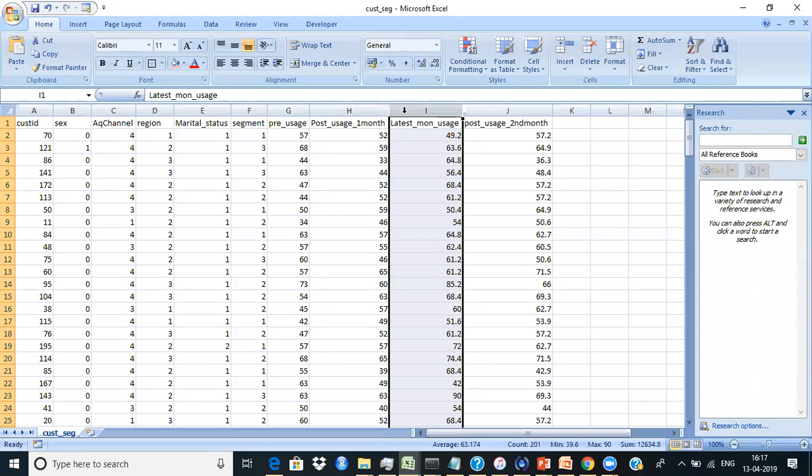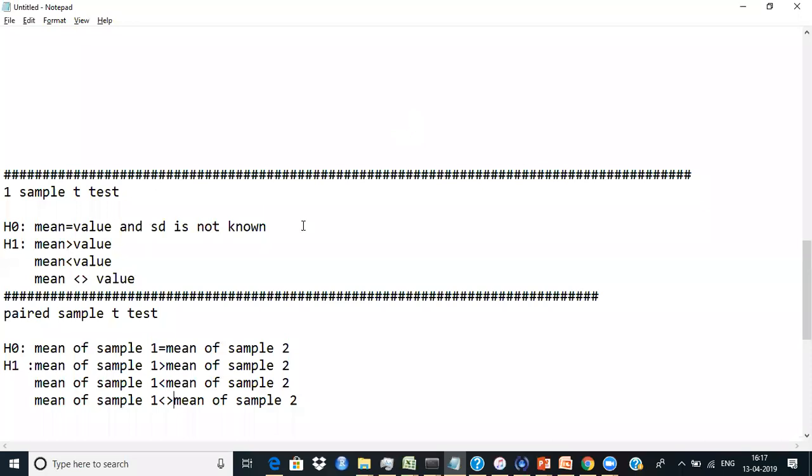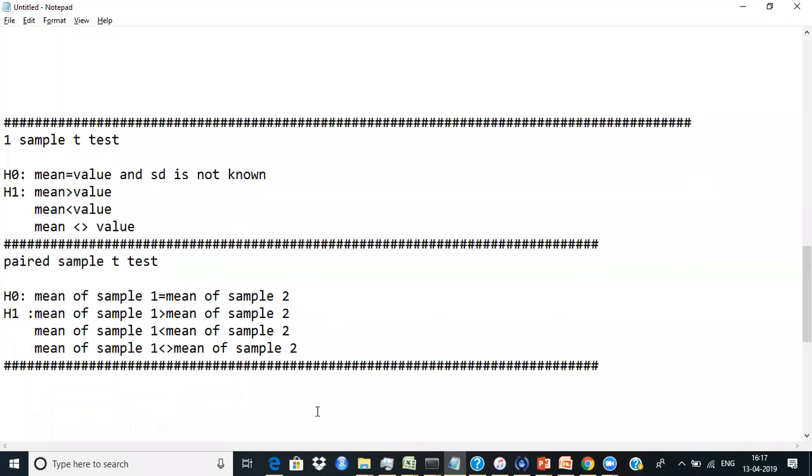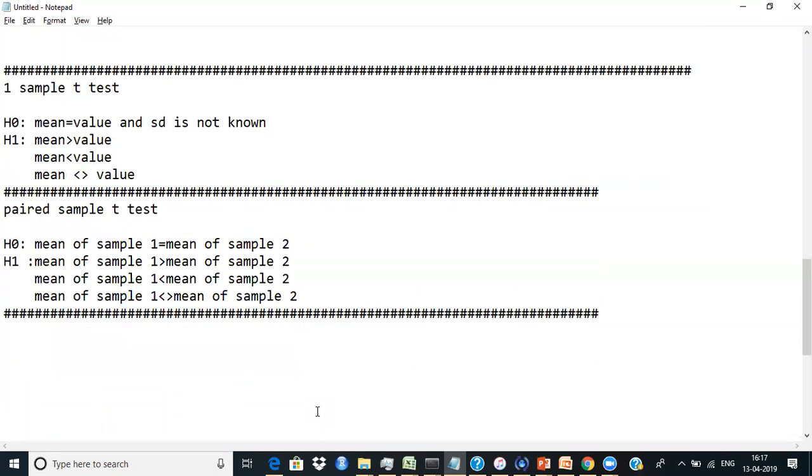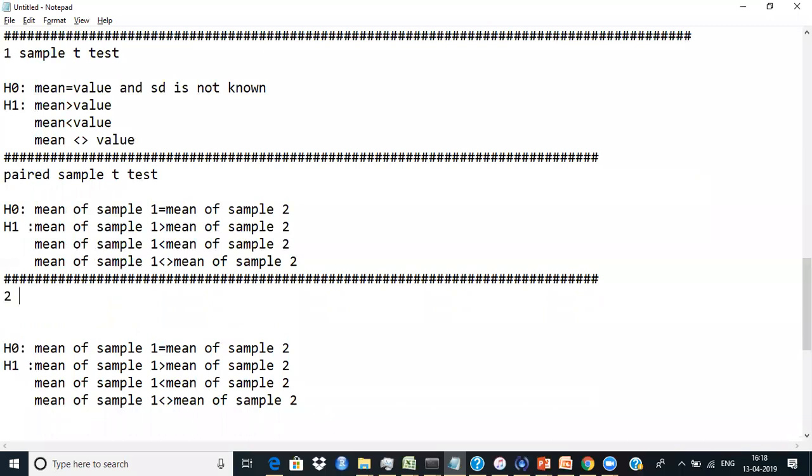Now, if I talk about the generic format of the two sample t-test, the hypothesis will look very similar to a paired sample t-test. The difference is that the samples are independent of one another. There are two different samples here. Previously, we were talking about before and after usage of the same person.